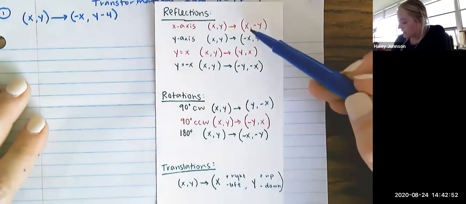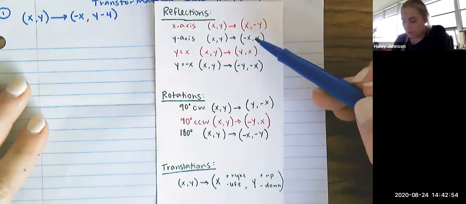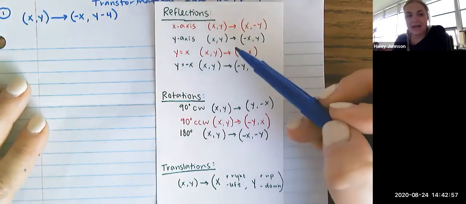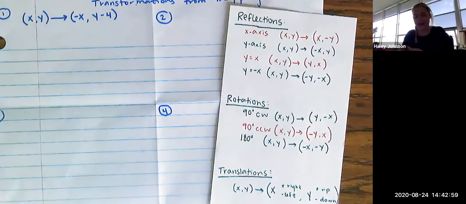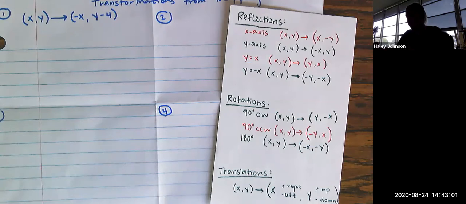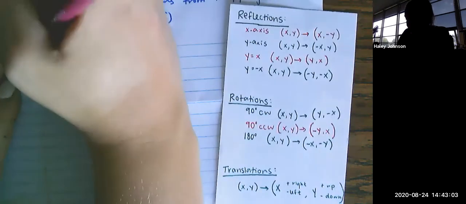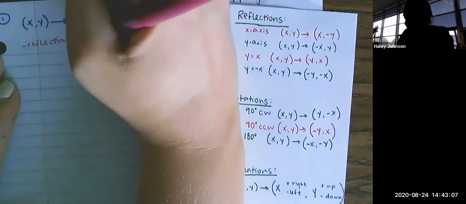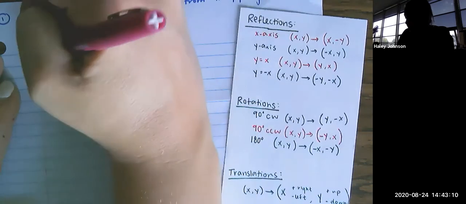So if I go through here, negative x, positive y, right there, that's a reflection across the y-axis. So one of the things that happened on number 1, we are going to say reflection over the y-axis.